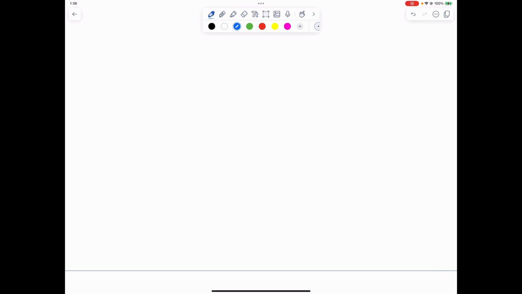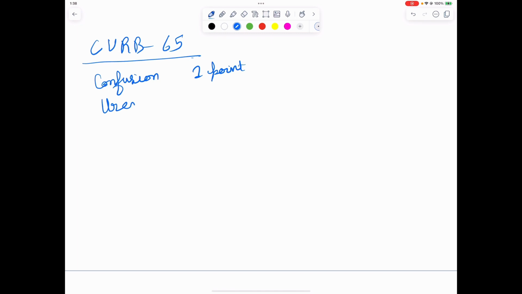Now we come towards the CURB-65 criteria. How to remember it? First is confusion; you give 1 point. For uremia, remember it has nitrogen, and the molecular weight of nitrogen is 7, so if urea is greater than 7, we get 1 point.